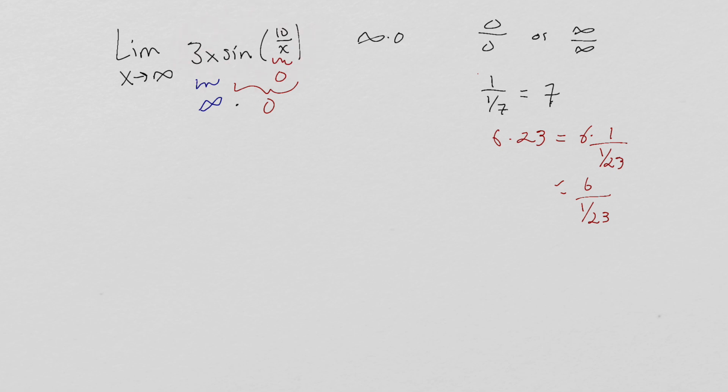So I'm going to write equals limit as x goes to infinity. I'm going to write my fraction bar. Now I'm going to leave the 3 in the top, and I'm going to leave the sine of 10 over x in the top, and I'm going to put 1 over just that piece right there in the bottom. What's that going to give me? 1 over x in the bottom.